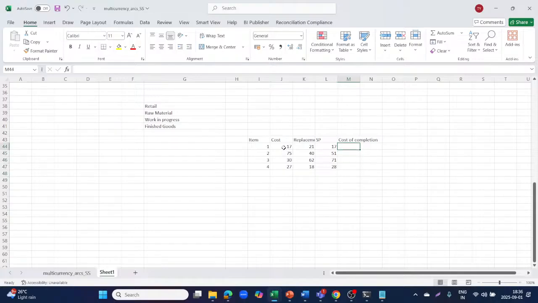Cost of completion will be 2, 6, 25, and 2. Then here we will calculate the profit. Profit will be, in first case 5, then in second case 15, then 21, and then 6.